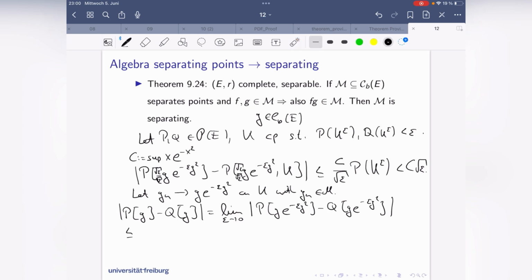Okay, let's do this. So let's not forget the limit. So we have p integrated with respect to g e to the minus epsilon g square. Then I use one term here, g e to the minus epsilon g square on k.